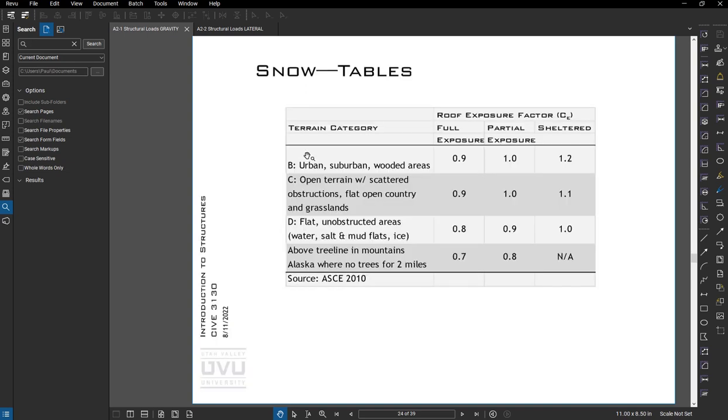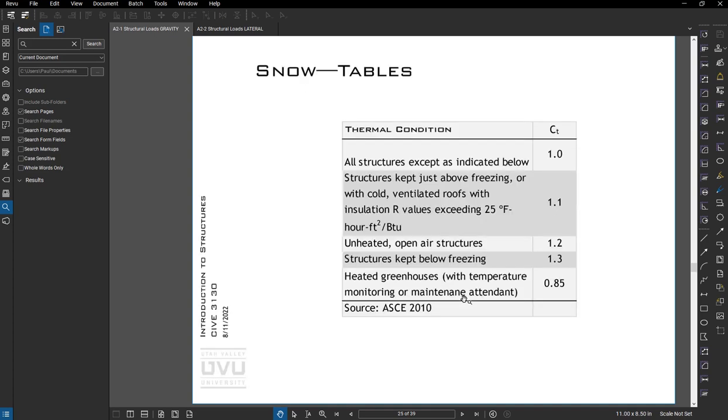Here's the exposure factor. You can kind of get into this based on how it's laid out, like what kind of terrain is around the building. Thermal, I use 1.2 for industrial structures, 1 for like office buildings and homes, and then like a freezer warehouse, then you'd use 1.3.